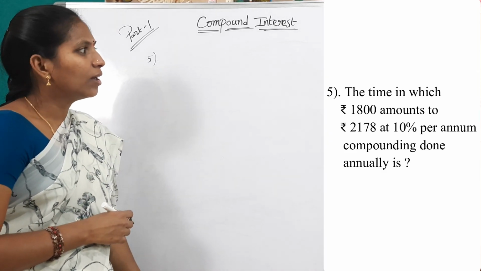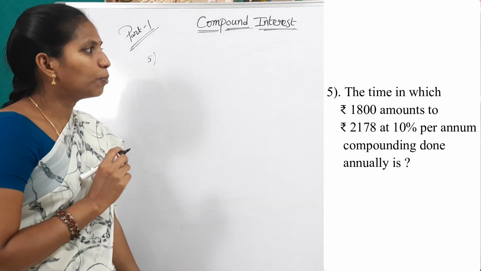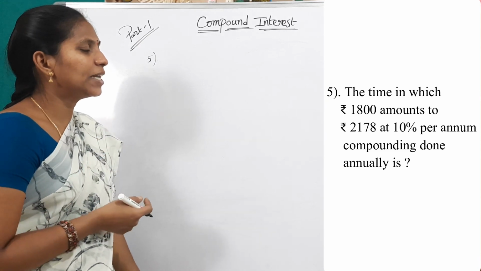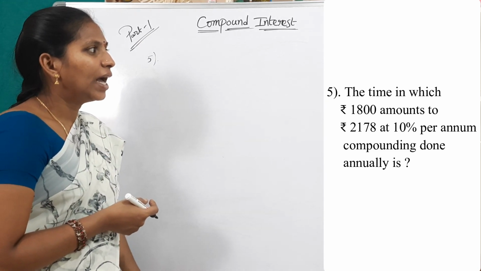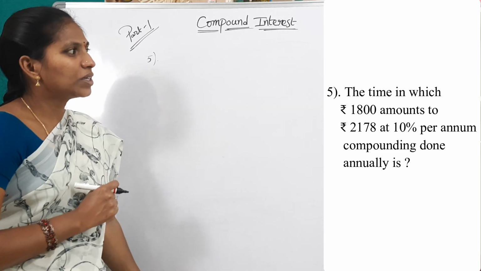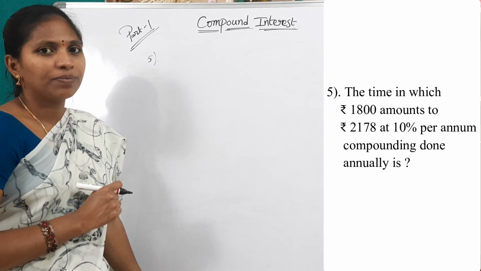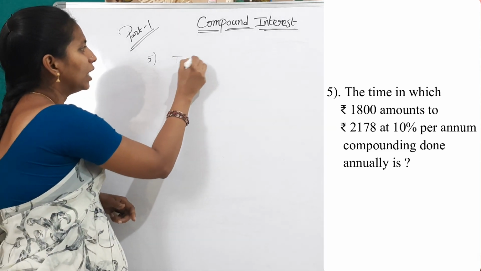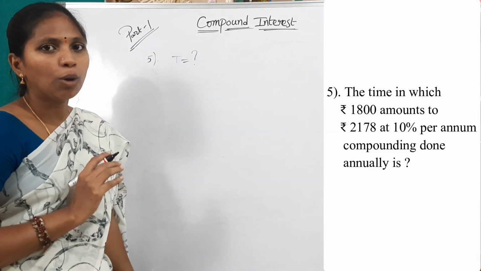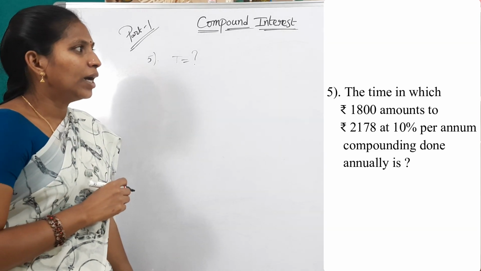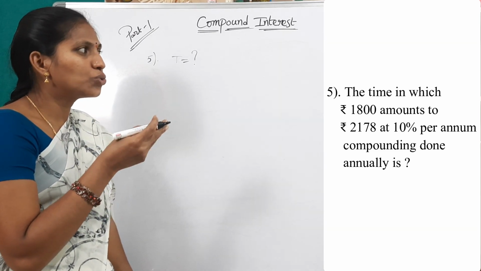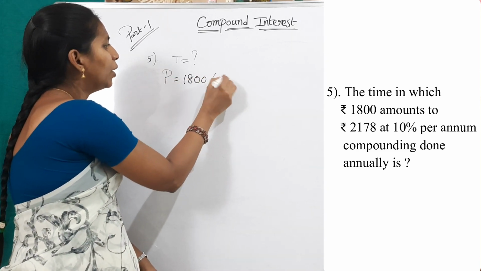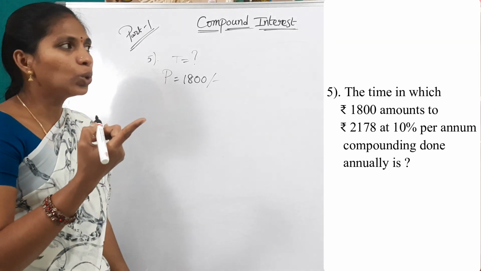Now see the fifth question. The time in which 1800 rupees amounts to rupees 2178 at 10% per annum compounded annually. See the question. The time in which means we should find the time, t value. t equals what? How many years? In which 1800 amounts to, 1800 is the P value, P equals 1800 rupees. Amounts to what? 2178.